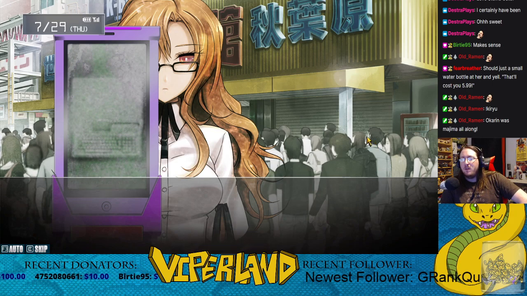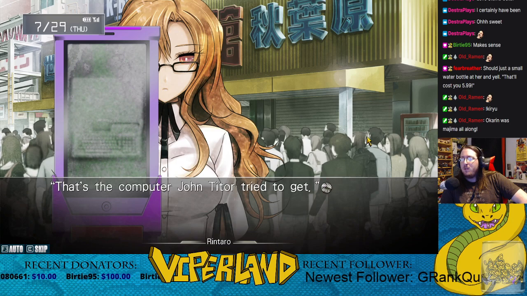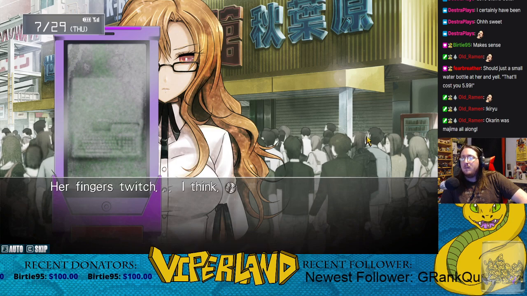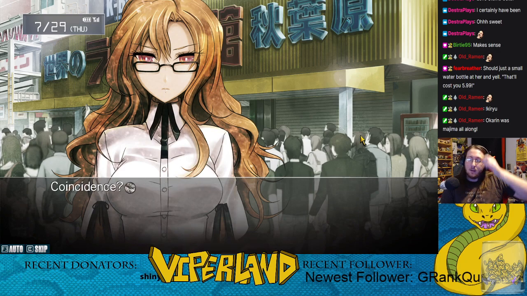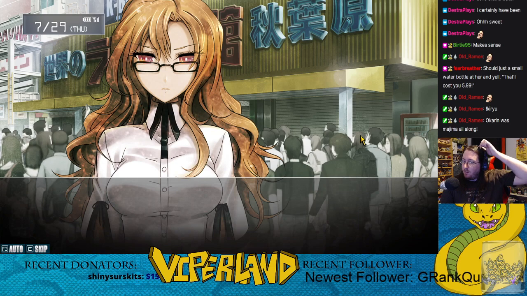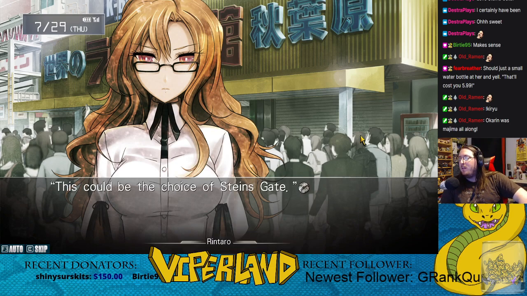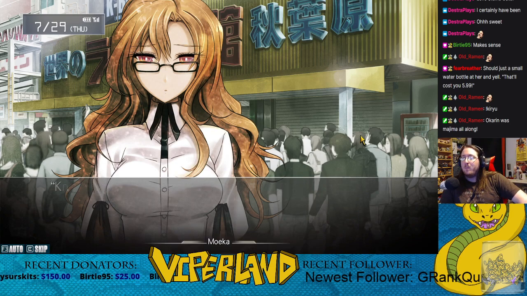IBM 5100? That's the computer John Titor tried to get. Fingers twitch, I think. You've seen one? No, I've only heard the name. Coincidence? No. This could be the choice of Steins Gate.